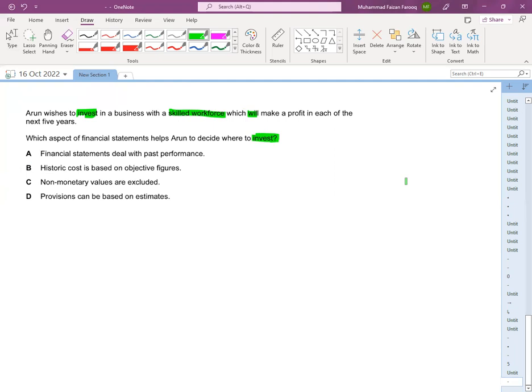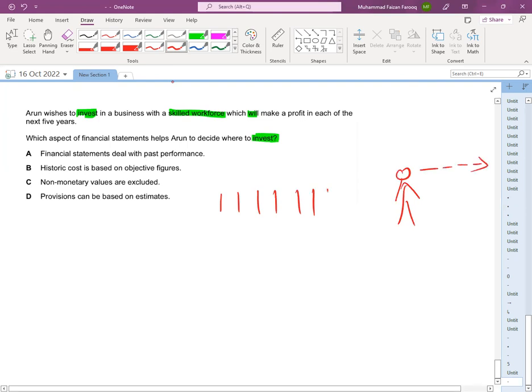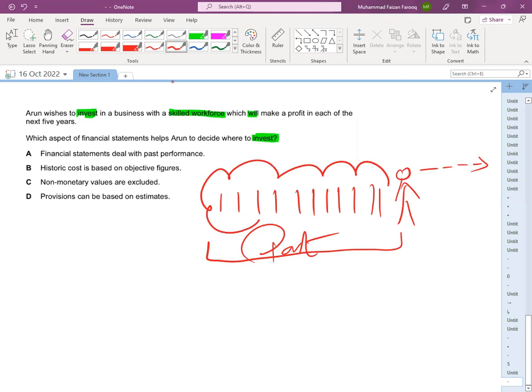When we were discussing this chapter, we said that accounting has to stay on historical cost. So the owner can decide by looking at the history. If you are here right now and you want to anticipate the future, before anticipating the future, you must look at what the past was, what happened in the company in the past. Then only an idea will come to your mind about the future.